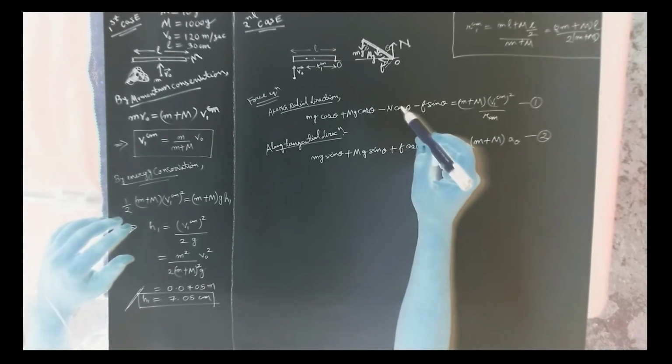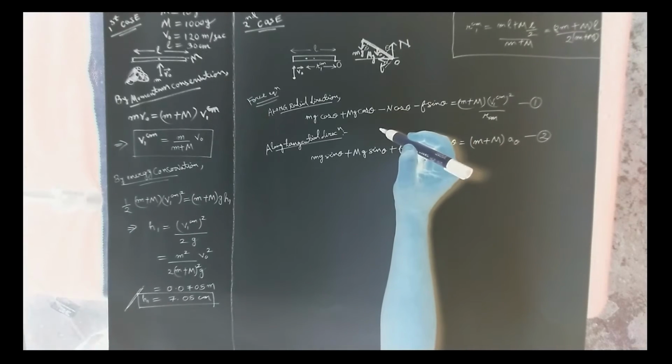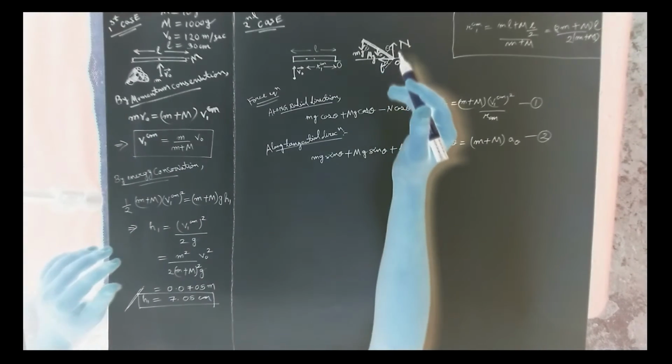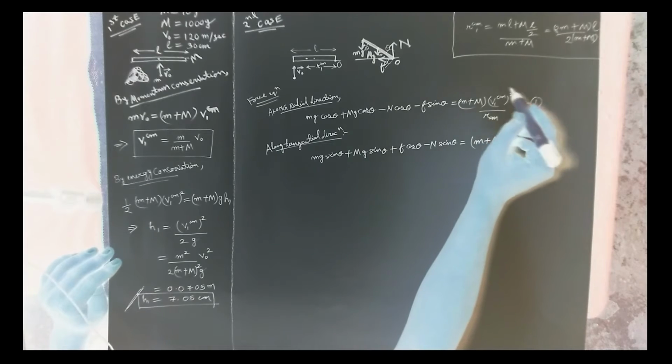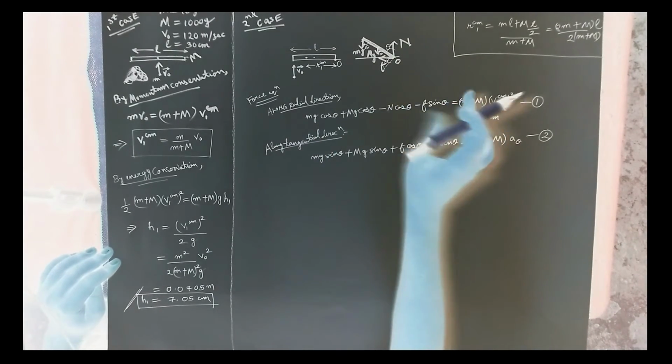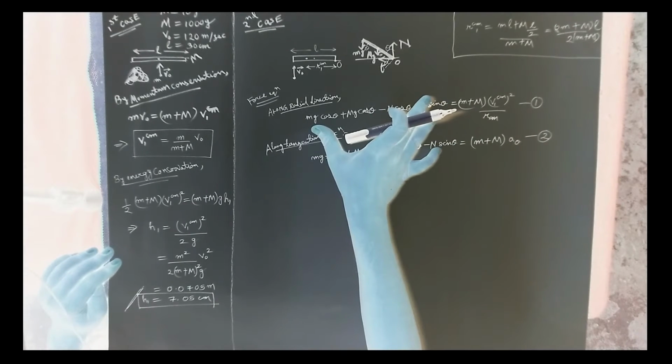First you should know why I am writing this equation. I want to know at which angle this mv square by r will be less than this value.